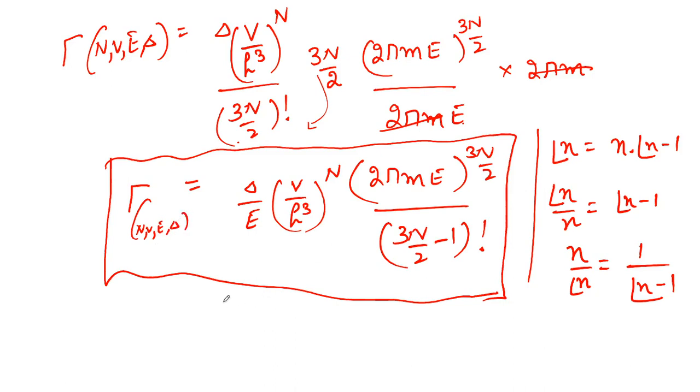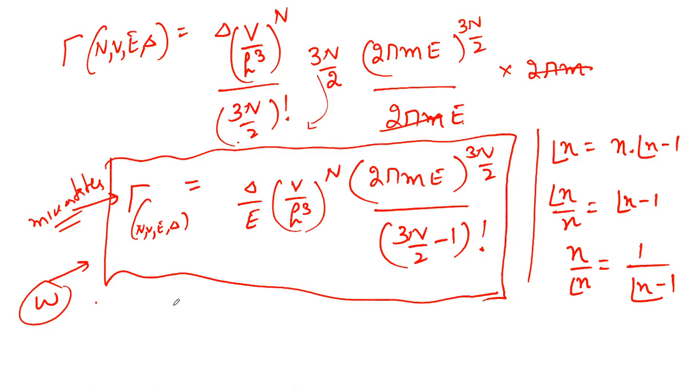So again, we have found the total number of microstates. We have also found the value of this omega, that is the volume for this whole phase space hypershell, and from that we can find out the value of omega for 1 microstate.